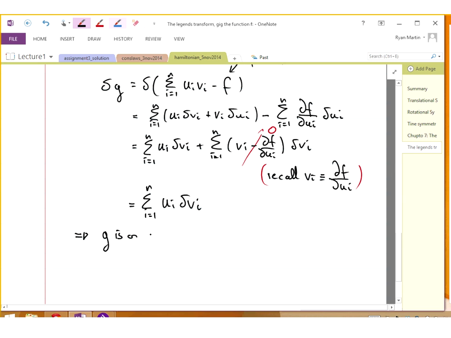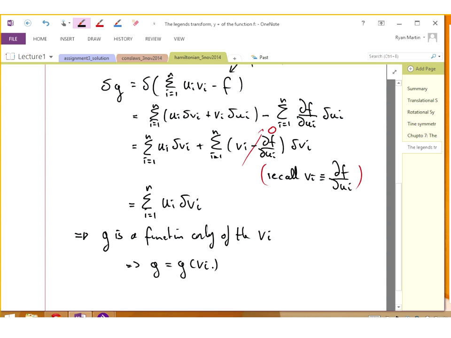So we conclude that g is a function only of the v_i. We write that as g is a function of v_i.